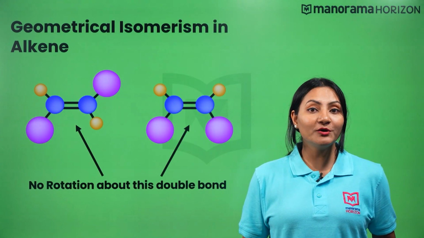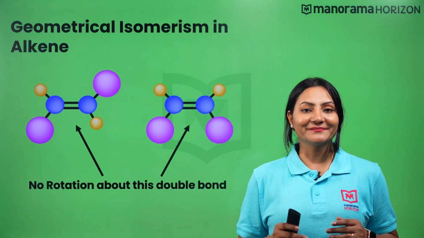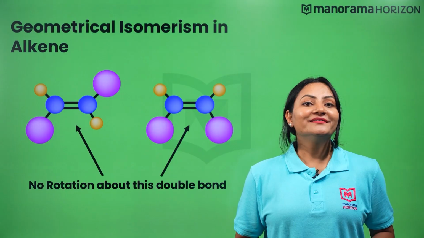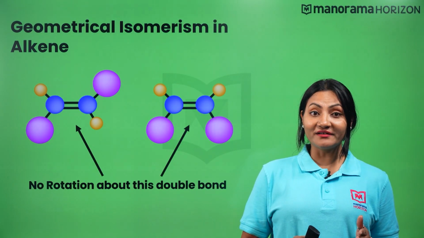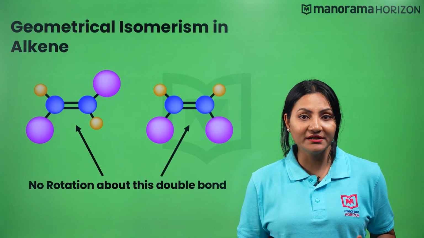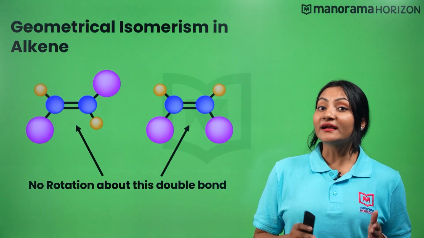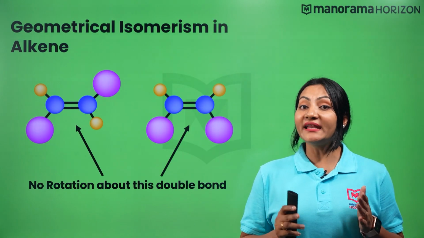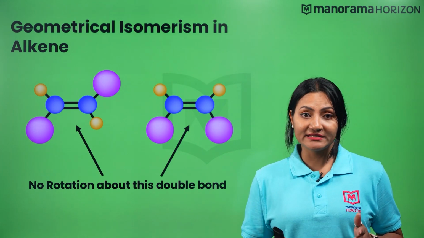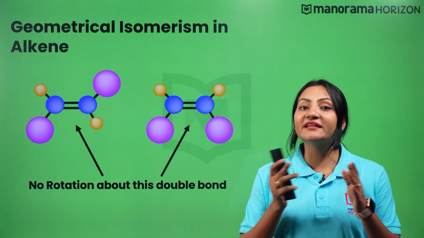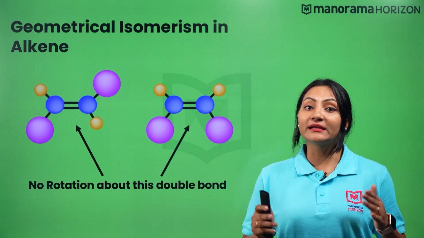Now, let's have a look at geometrical isomerism in alkene. In alkene, geometrical isomerism is because of restricted or hindered rotation about the carbon-carbon double bond. In case the groups attached to the double bonded carbon atoms are to rotate or to exchange their position, they can do so only by breaking the pi cloud.